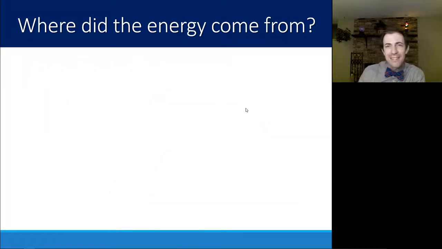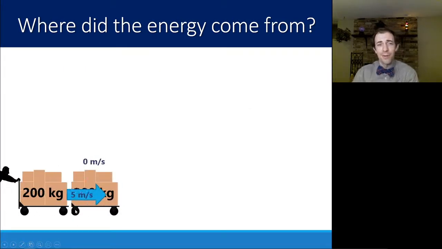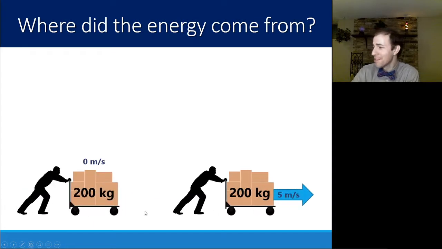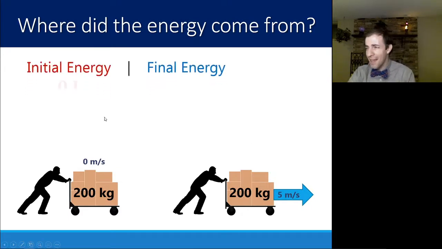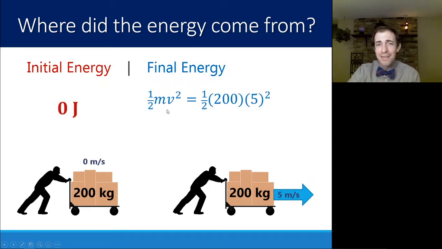Now I can see the same scenario in adding another form of energy. Say I push a cart, a really heavy cart of crate boxes, from 0 meters per second to 5 meters per second. So I am somehow adding kinetic energy to the system, and I can quantify that. My initial energy was 0. My final energy is just 1/2 mv squared.